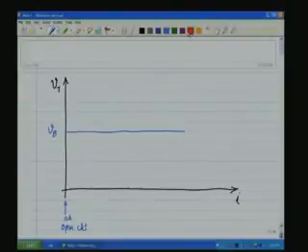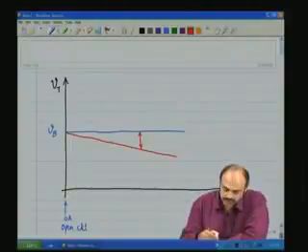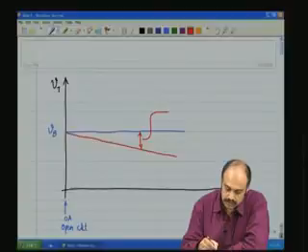However, due to the presence of RB, as the load current increases, there is going to be an IB into RB drop, which will make the terminal voltage droop as shown here, and this droop is nothing but IB into RB.